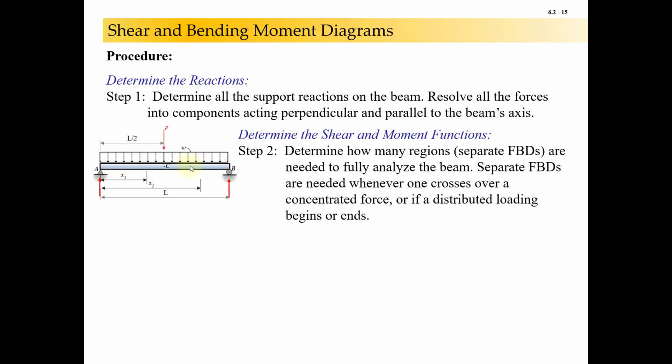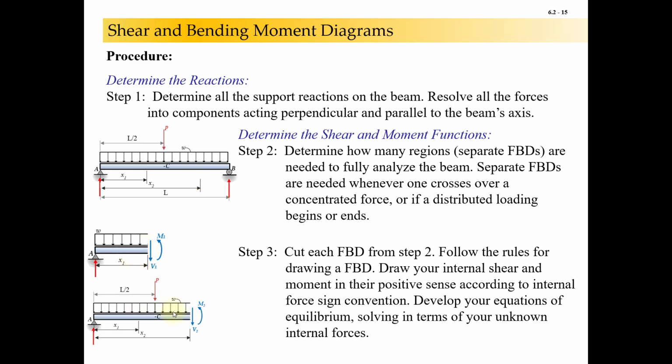I usually work from left to right when I do shear moment diagrams for many reasons. Sometimes it might be a little bit longer equation, but it just makes a lot more logical sense as you trudge your way across. So you can see here, I now have our X1 region. This X1 would be for anything between A and C, and then X2 is the equations I would get for the cut that's anywhere between C and B. This is what those free bodies would look like.